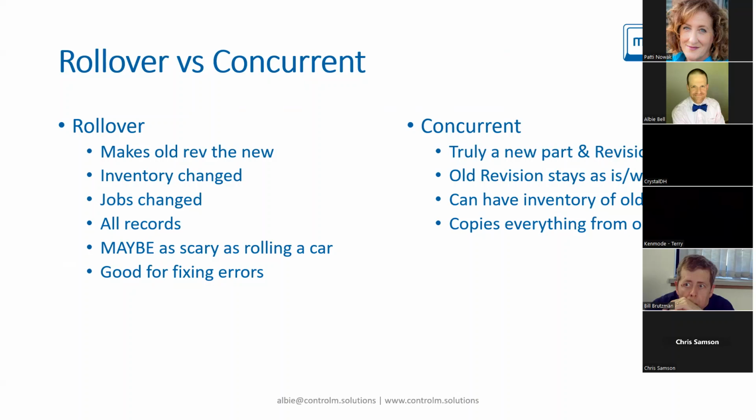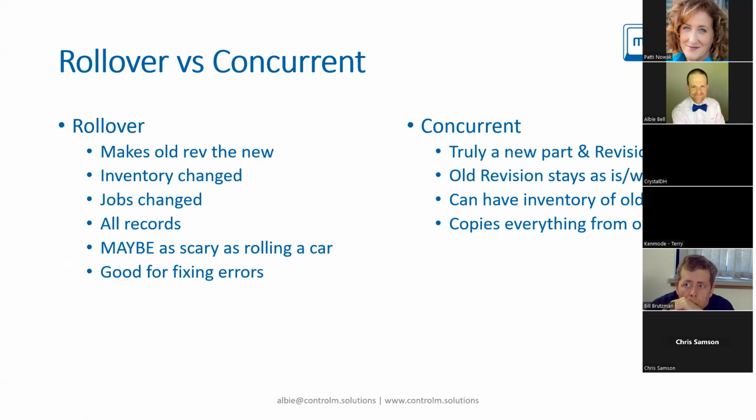So definitely be sure to control that kind of change. Concurrent is both exist at the same time. When you generate the change, Plex will take revision A and copy it into a new part and revision. So you have two completely separate entities of your revision, A and B. Plex will start with the routings and the BOM and copy them in, copy everything from one to the other, and allow you to start making those changes.